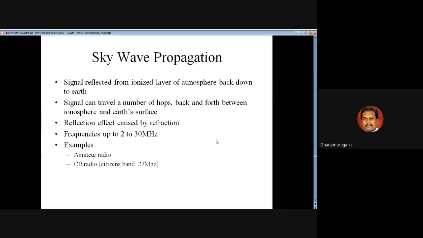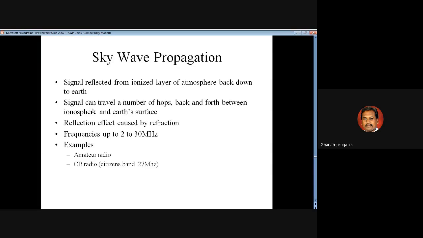So this is the operation. The signal is reflected from the ionized layer of the atmosphere back down to the earth. You transmit the electromagnetic waves or radio waves, they go to the ionosphere, are reflected to the earth, again go to the ionosphere, and are reflected to the earth. Finally the electromagnetic waves reach the destination, that means the receiver antenna.